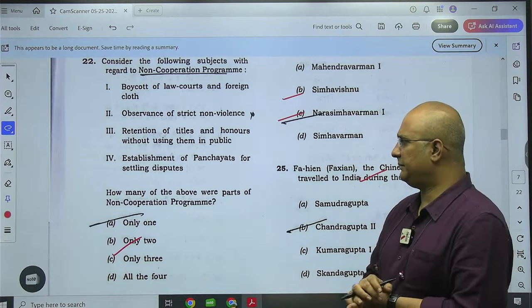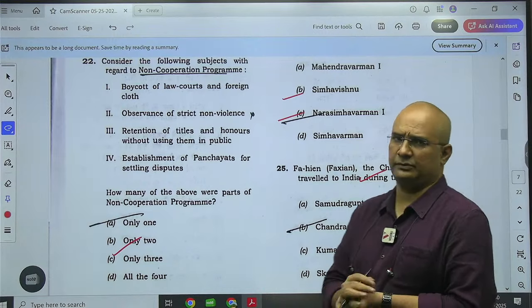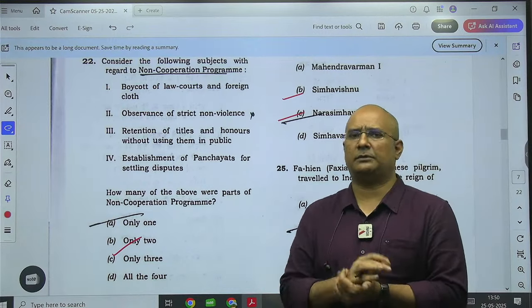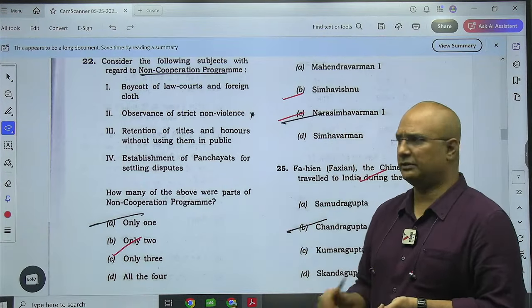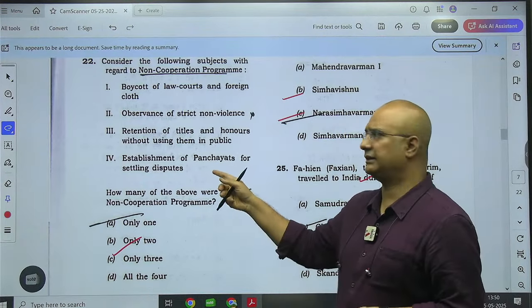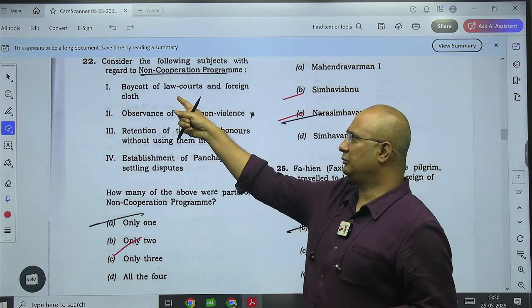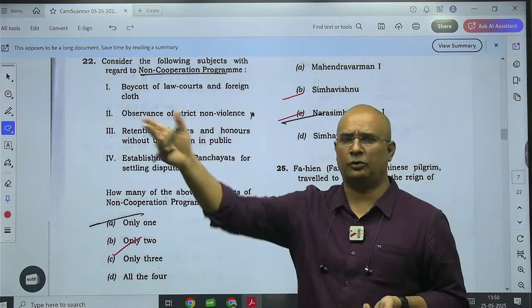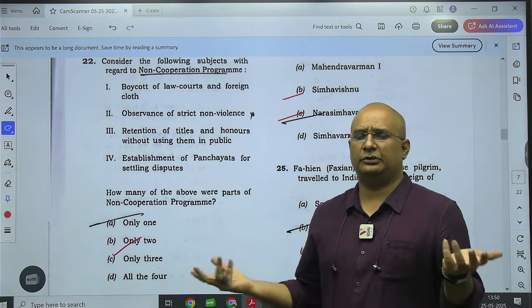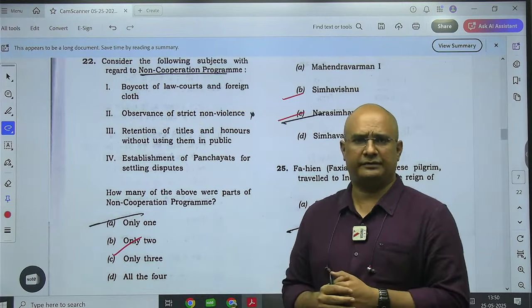Fourth statement, establishment of panchayats for settling disputes. Now even if you have not come across this in your preparation, this fourth statement is also correct, because it comes like a logical conclusion of the first statement itself. When you are boycotting British government courts, naturally you should have some other platform where you will go and settle your disputes.